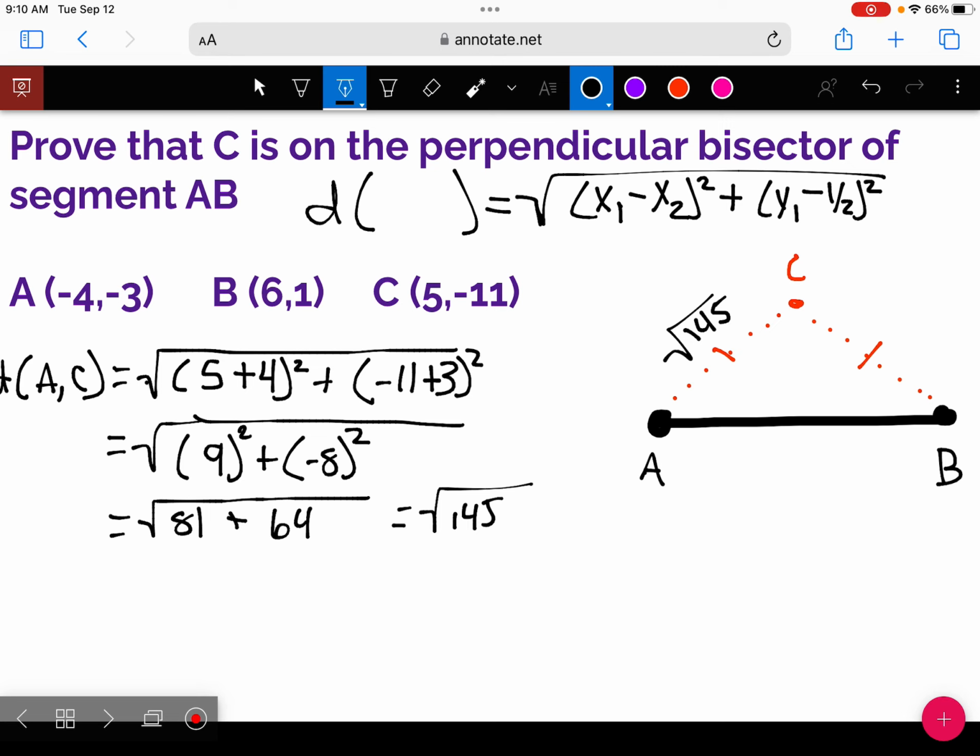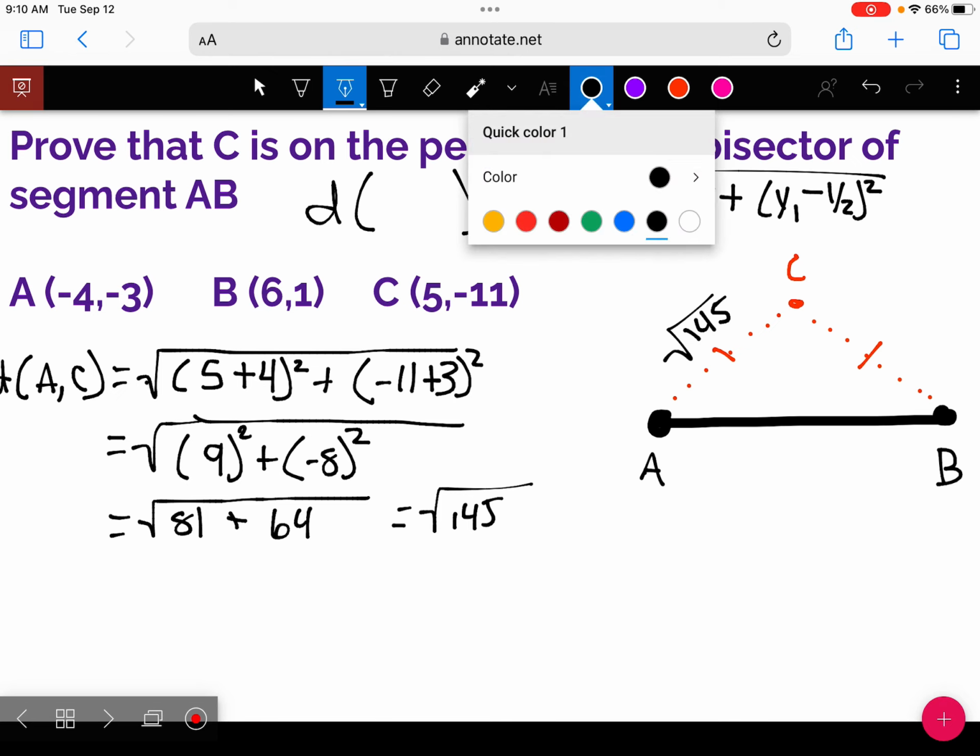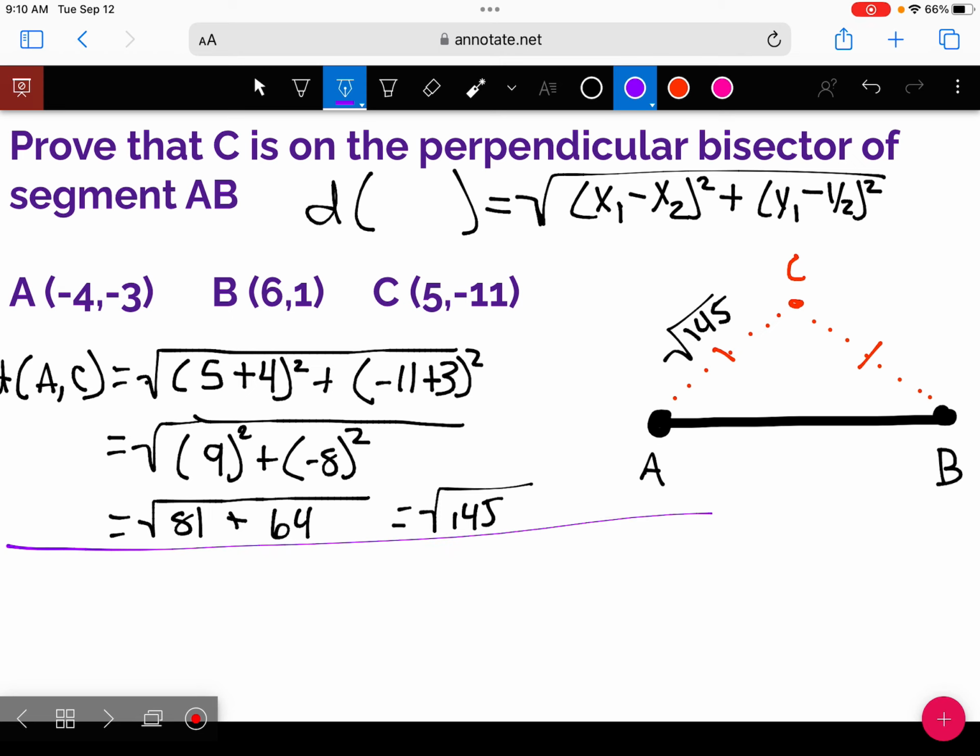We're just comparing that to BC. So we don't need to simplify that and get it down into a decimal form. So we're just comparing. So let's see if BC gives us the same distance. Then we're going to do the distance of BC.